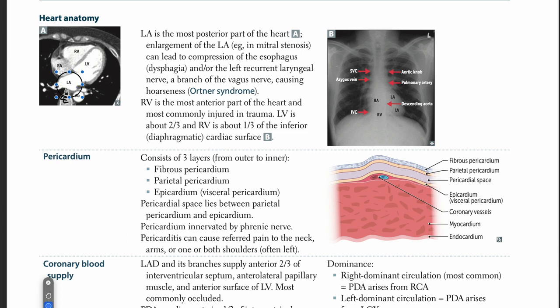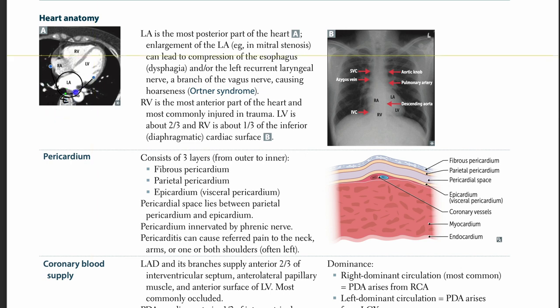And there's also, remember, the left recurrent laryngeal nerve right there, because this is the aorta, and then it goes from the right side to the left side, like that.